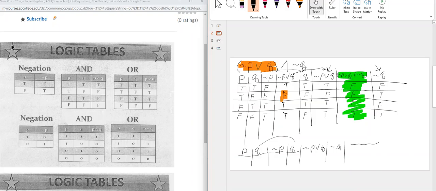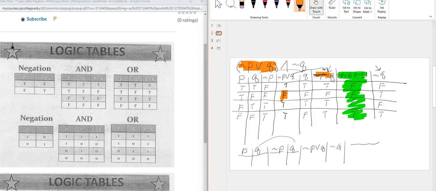Now, and not Q. So I need a not Q to go with this. So I did the not Q over here. So I did the opposite of Q. I have my orange, which is right here.